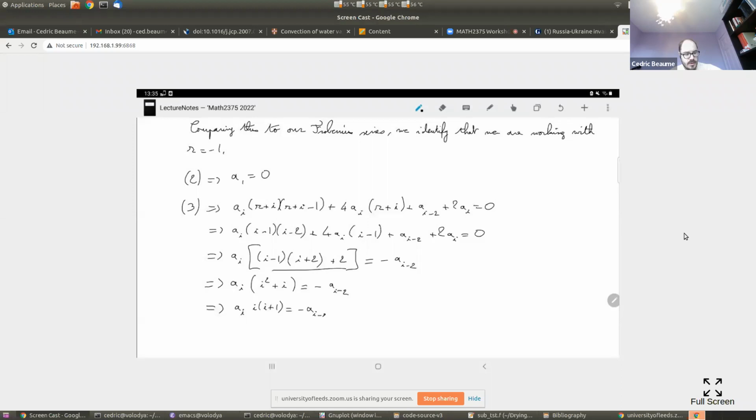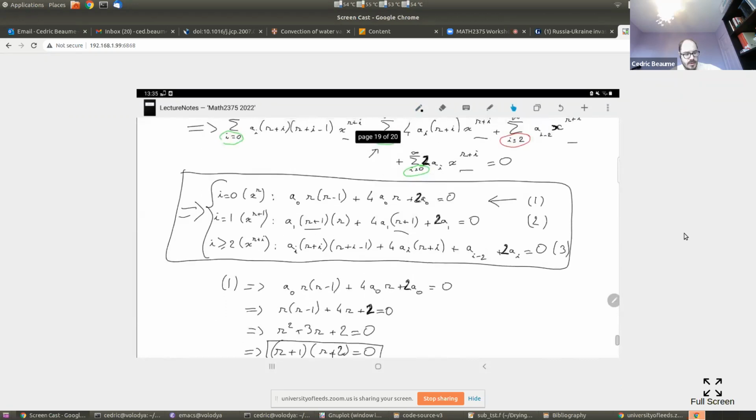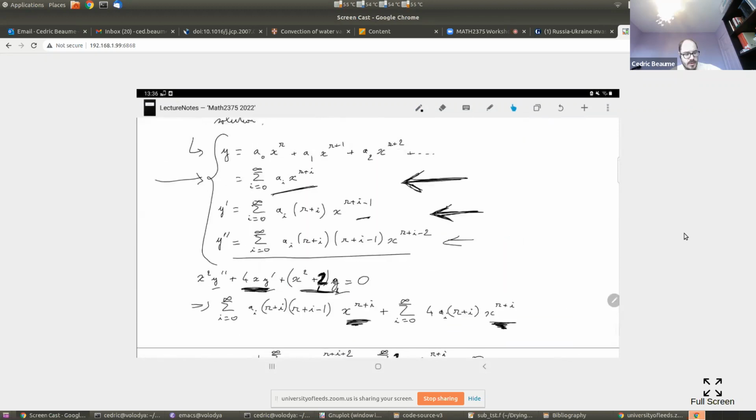Okay, and I believe I've just got the recurrence relation that we were looking for, which is this recurrence relationship there. As you see, the whole work is relatively straightforward. We start off by saying that we have a Frobenius series.